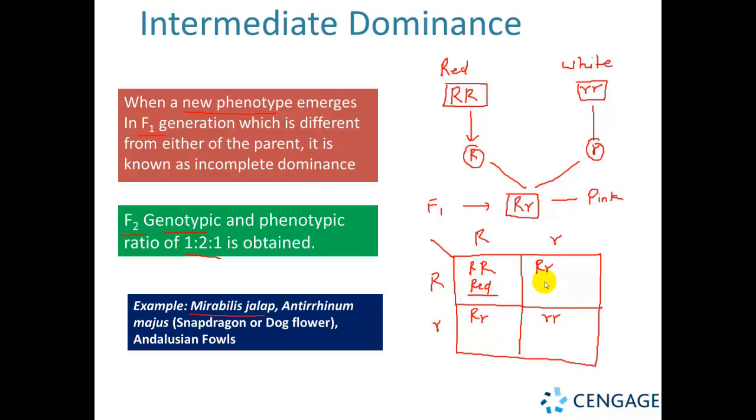This is going to be red, this is going to be pink, here it is also going to be pink, and this is going to be white. So what we see is that the genotypic ratio is the same as the phenotypic ratio, and that is equal to 1:2:1. So this is about intermediate dominance.